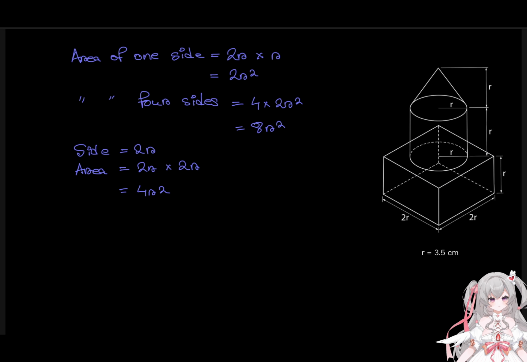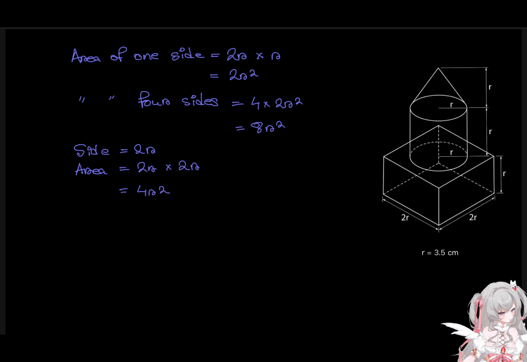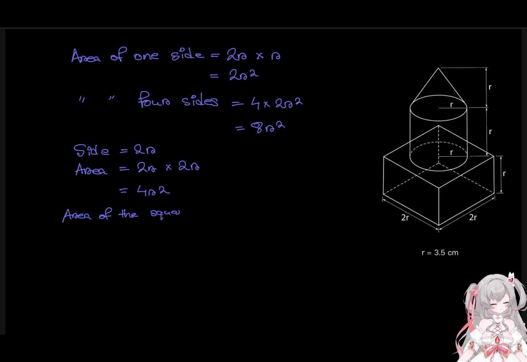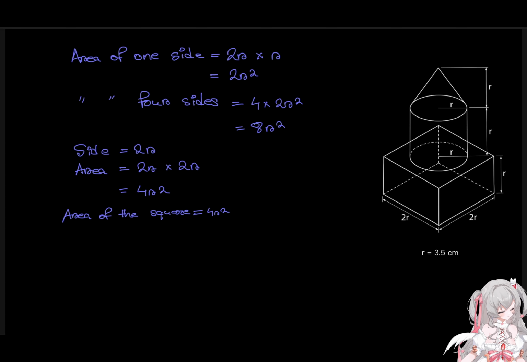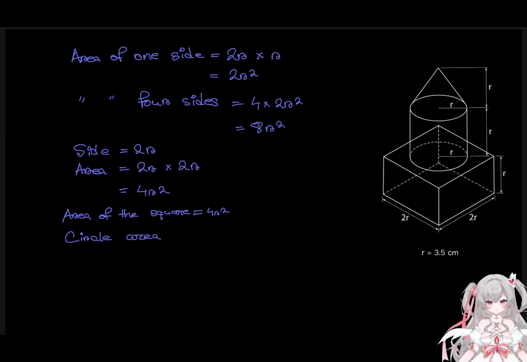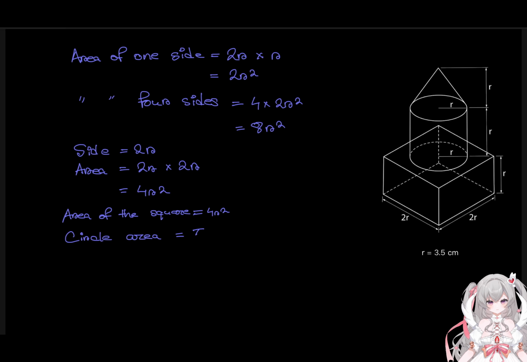So the area of this square is 4r squared, and the circle area is pi r squared.